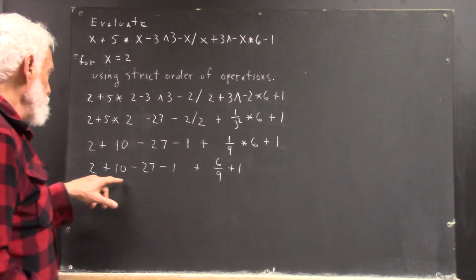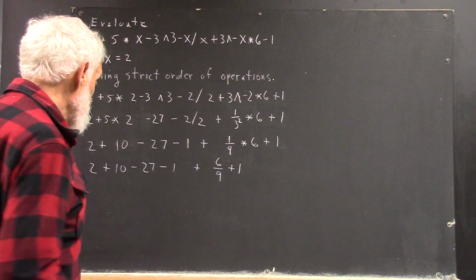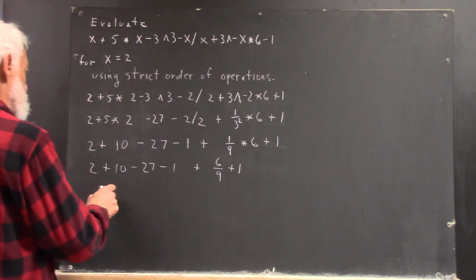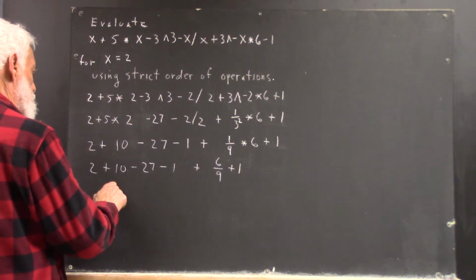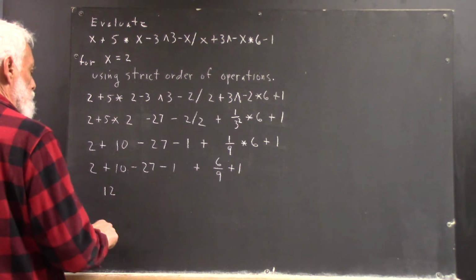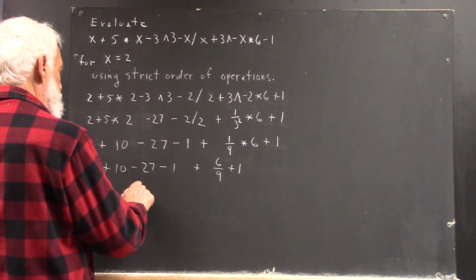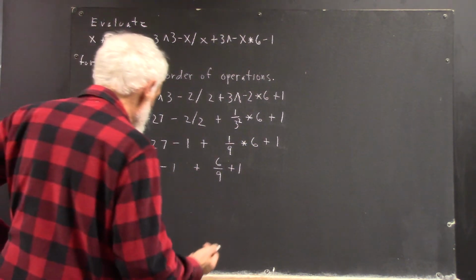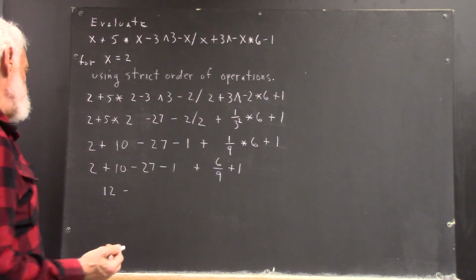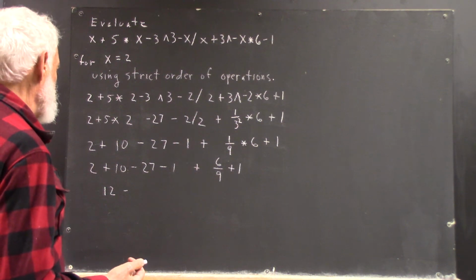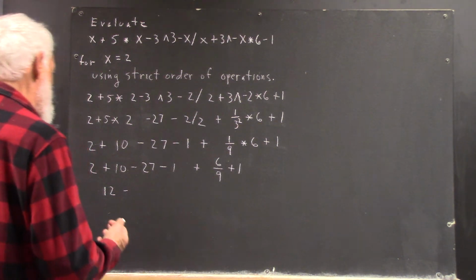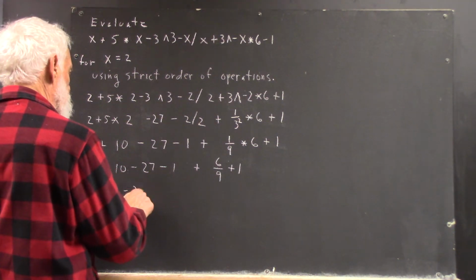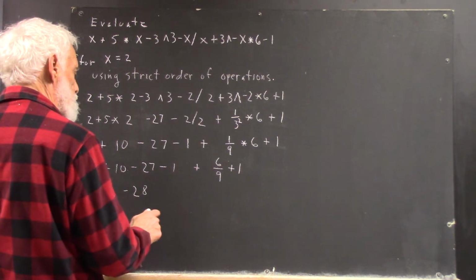Next, we do additions and subtractions in order. We're going to get 12 here, and then minus... now the way I want to do this, minus 27 minus 1 is negative 28, so it's legal to do this.